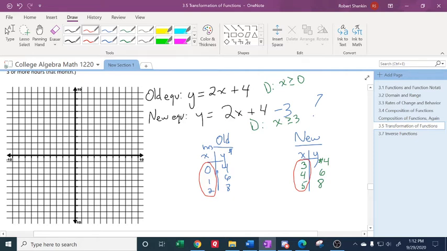So you got even a new domain right over here. So the new equation, if we check on this one right here, see if this works. Let's plug in 3 right here. And so for this one, let's go back. Let's make a tiny little table here.